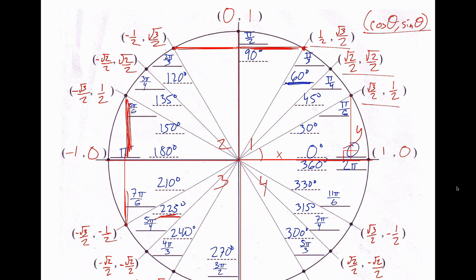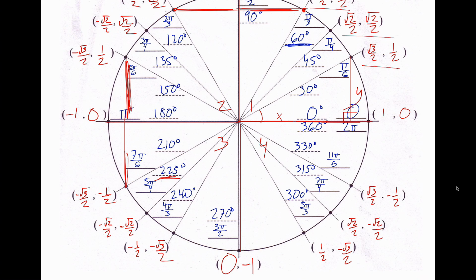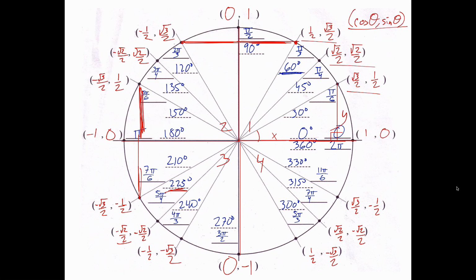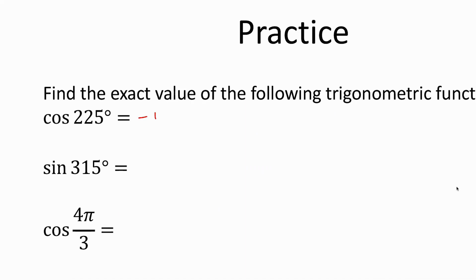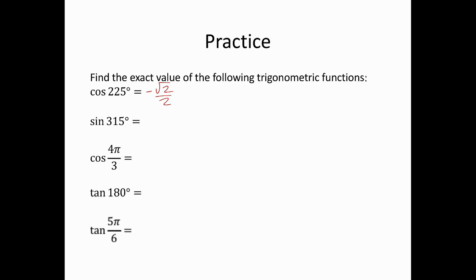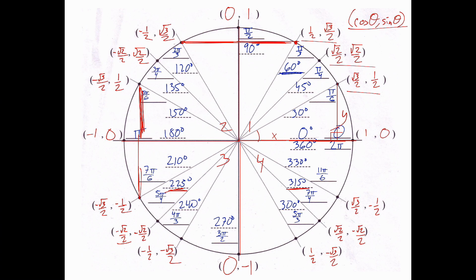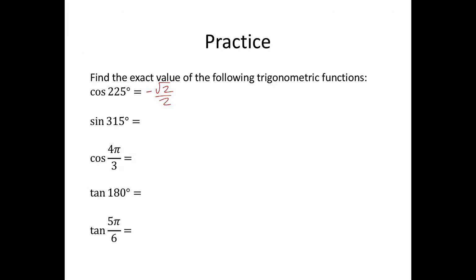So we look for the x-coordinate at 225 degrees, and we end up with the negative square root of 2 over 2. And that's our answer. Ta-da! Now, the sine of 315 degrees, that's over here. The sine's the y-coordinate of that angle measure, and that also is, coincidentally, negative square root of 2 over 2.